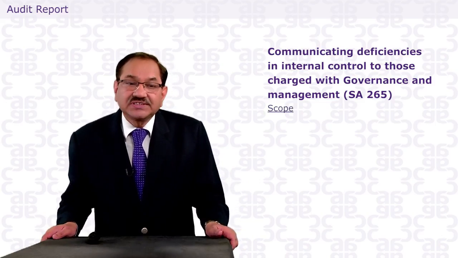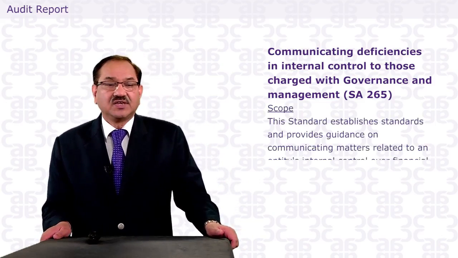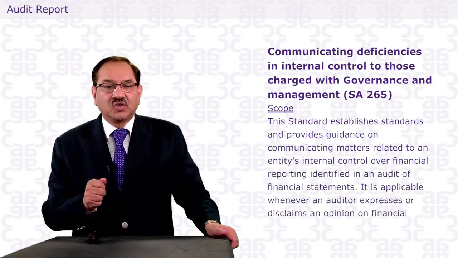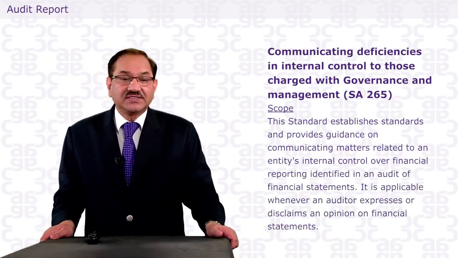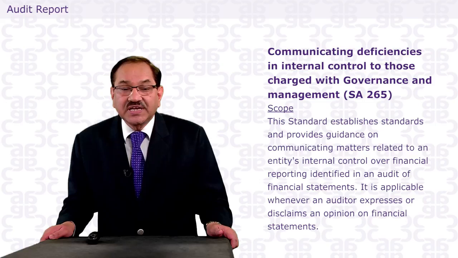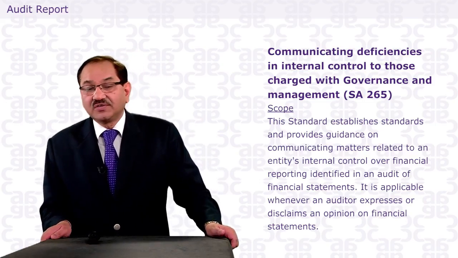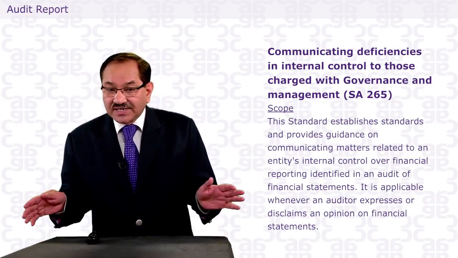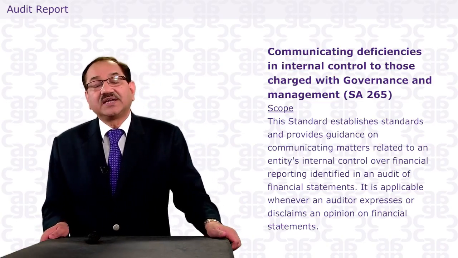The scope of this standard is that it establishes standards and provides guidance on communicating matters related to the entity's internal control over financial reporting identified in the audit of financial statements. It is applicable whenever an auditor expresses or disclaims an opinion on the financial statements.